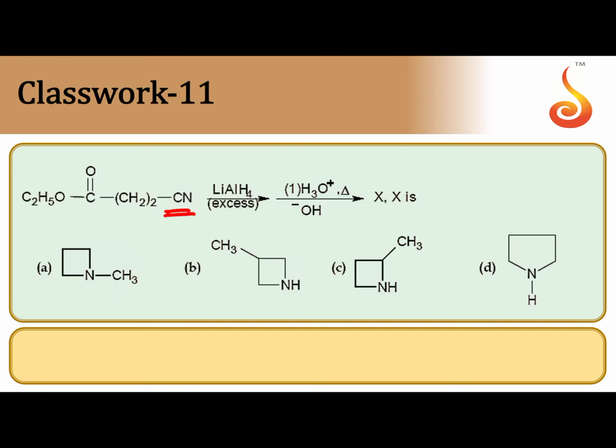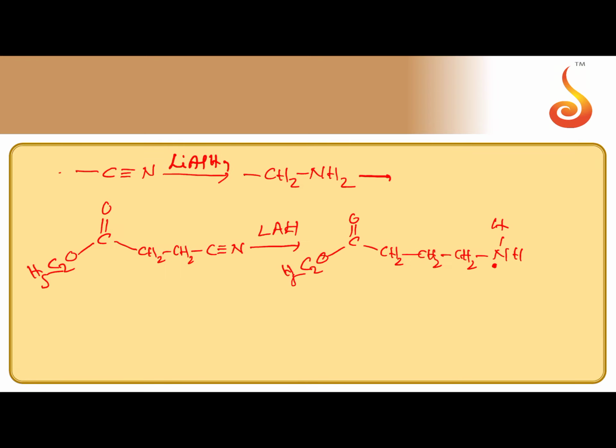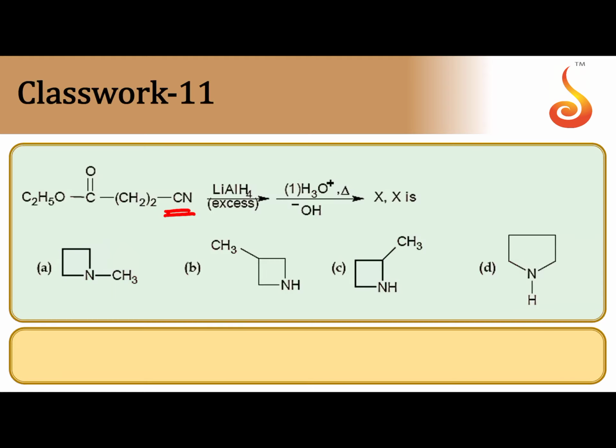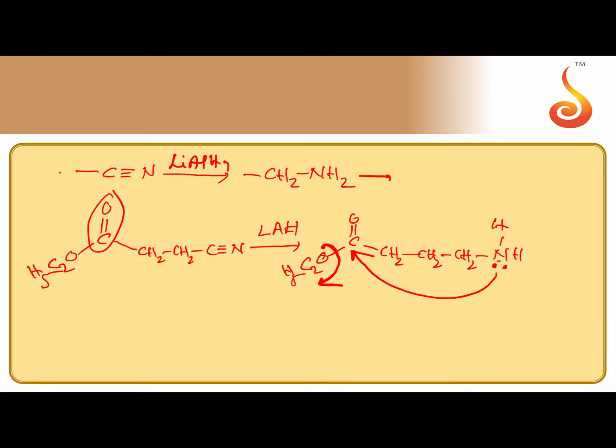After the formation of this amine, what happens? Intramolecular nucleophilic substitution reaction takes place. Amide is formed. NH2 through its lone pair attacks at carbonyl carbon. C2H5O minus is eliminated. Keto group is also reduced to alcohol. Keto group is reduced to give alcohol with LiAlH4.